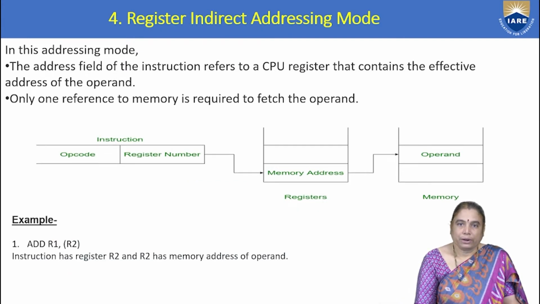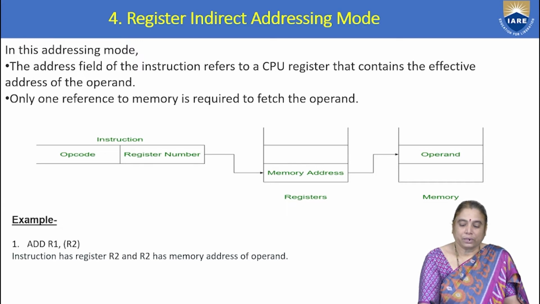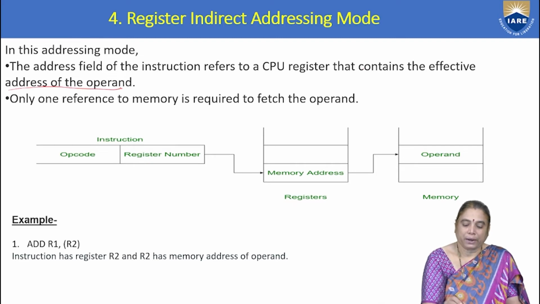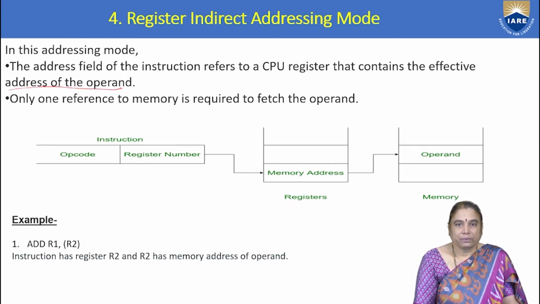The next variety of addressing mode is register indirect addressing mode. In this addressing mode, the address field of the instruction refers to the CPU register that contains the effective address of the operand. In the previous case, the operand specified in the instruction had its data available in the register itself.